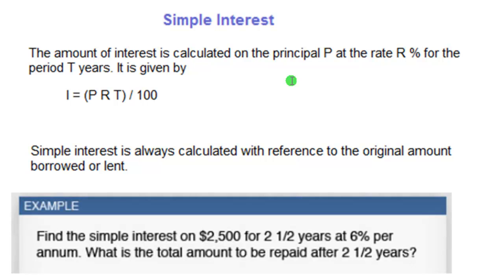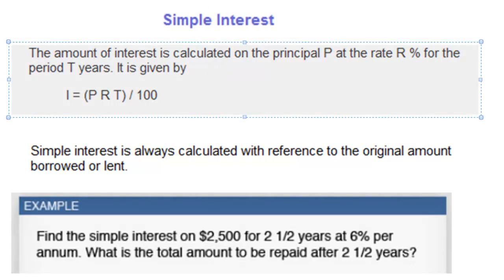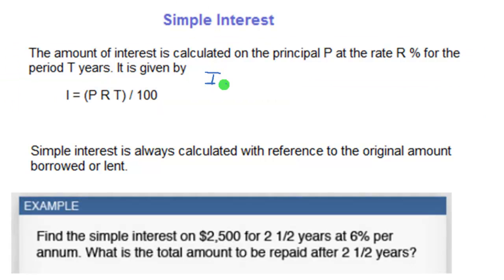The formula for simple interest is I equals PRT divided by 100. I represents the interest. So I is the interest earned on the money. P is your principal.